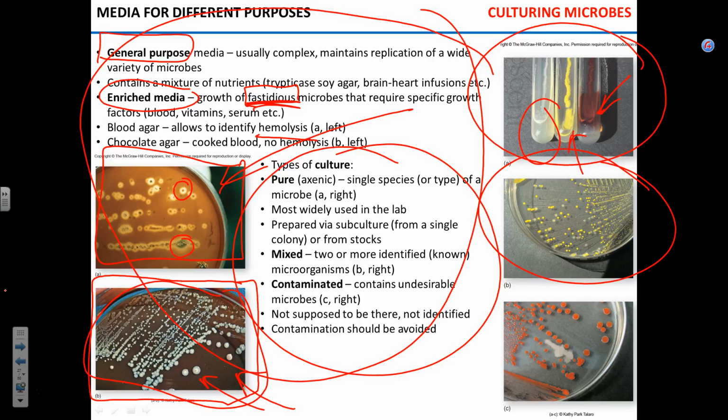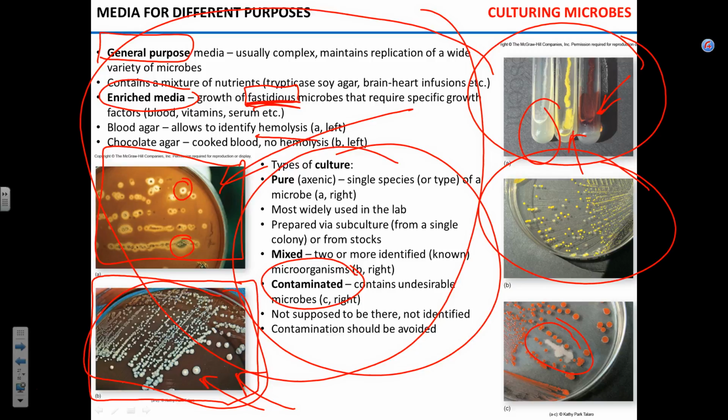Now, contaminated culture is when you expect it to be pure, but something crawls in, like in this picture, when you have some unidentified growth on what is supposed to be a pure culture. Pretty much the difference between mixed and contaminated is that with contaminated, you don't expect the second or third species. Does that make sense?